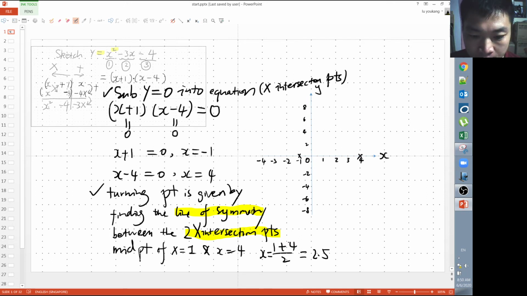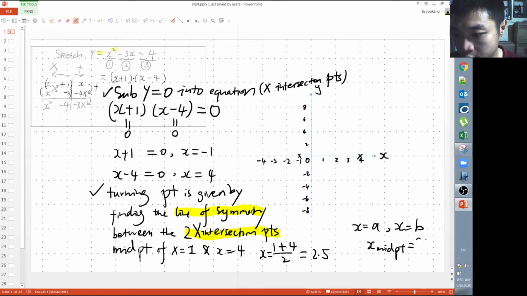If you want to find the midpoint between a and b, the x midpoint is equal to a plus b divided by 2. This is the formula, so note it down so you can use it next time you need it. Let me erase this and come back to the question.